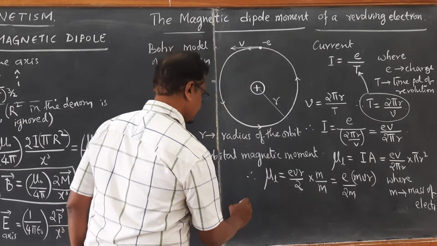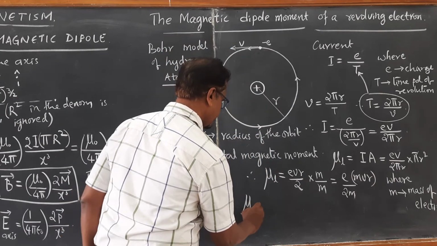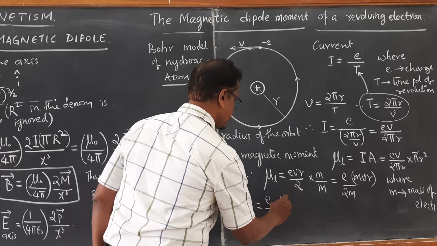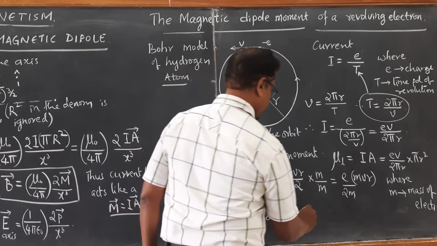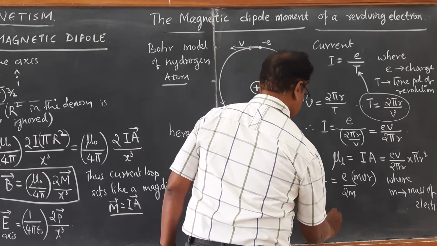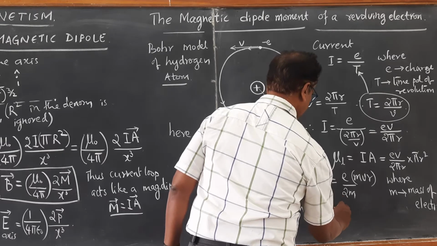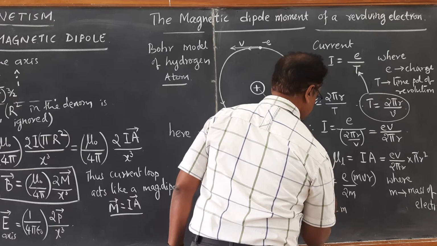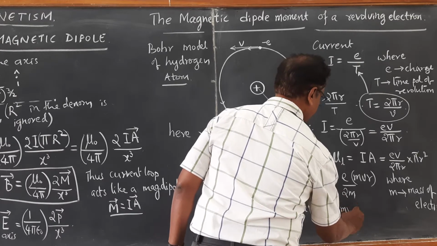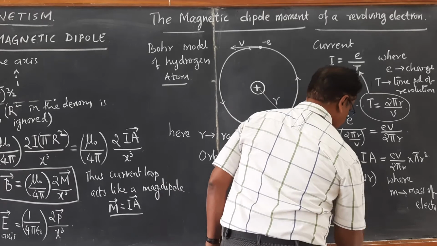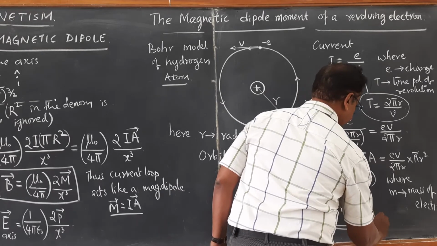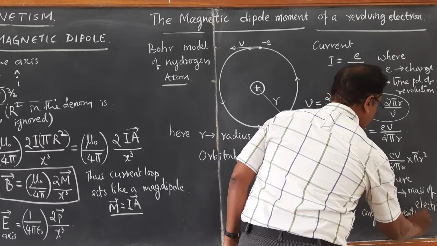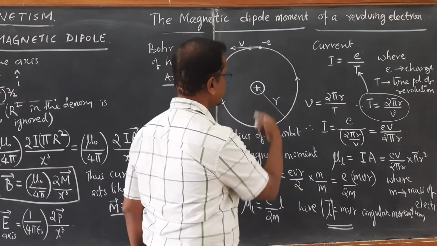So here mu L can be written as e upon 2m into small l, and this small l is the angular momentum, r cross p. We will just write that the magnitude mvr is called the angular momentum of the revolving electron.